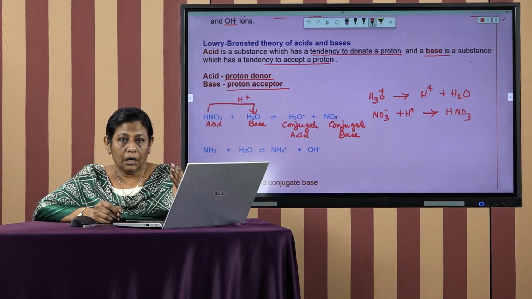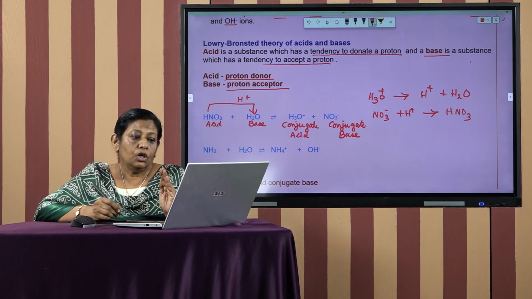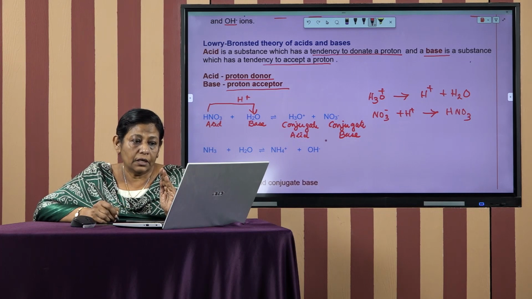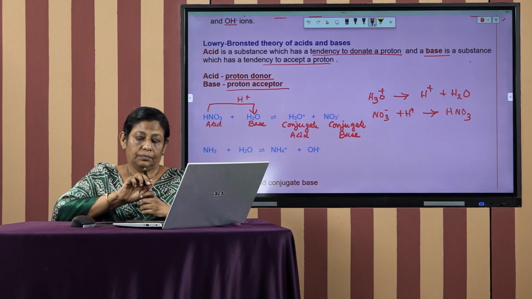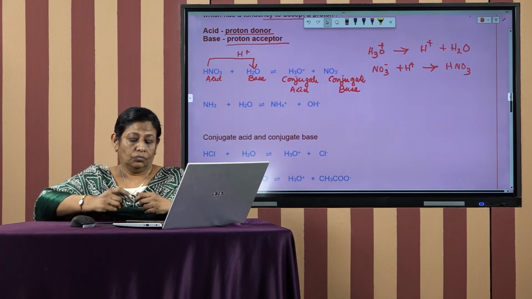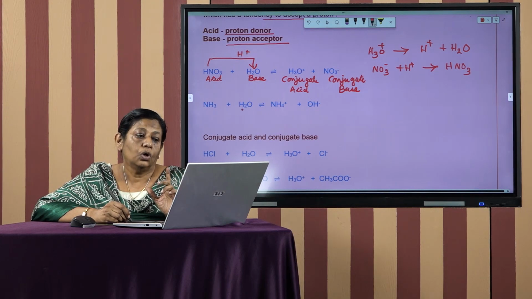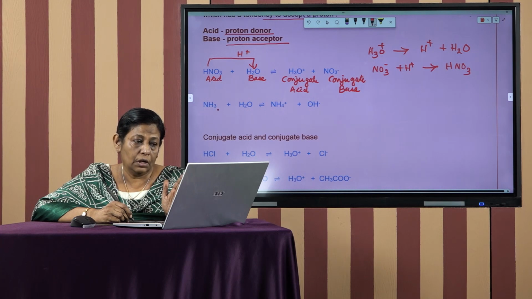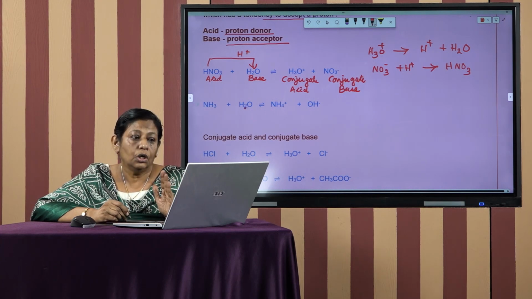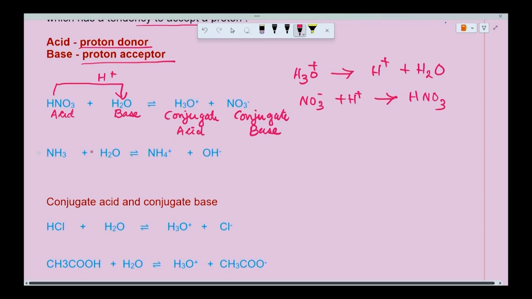So, that is the difference between a conjugate pair. You can call it an acid and its conjugate base, a base and its conjugate acid. Now, let us take the example of ammonia. When ammonia, which is in the gaseous state, or liquefied ammonia, is added to water, you will get ammonium hydroxide in which NH4 plus and OH minus ions are present.